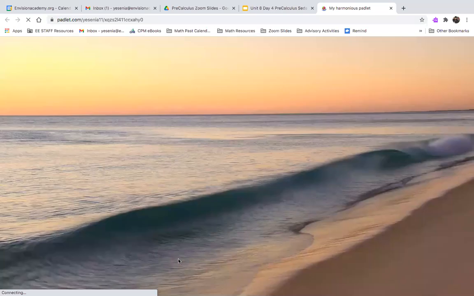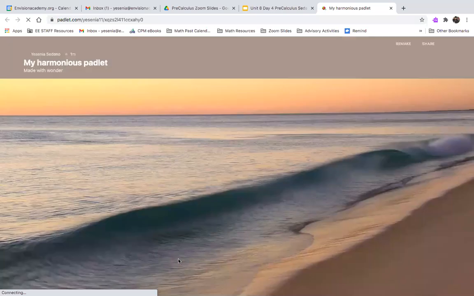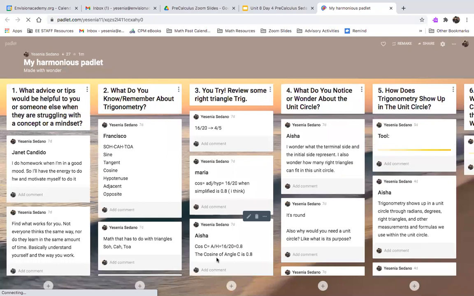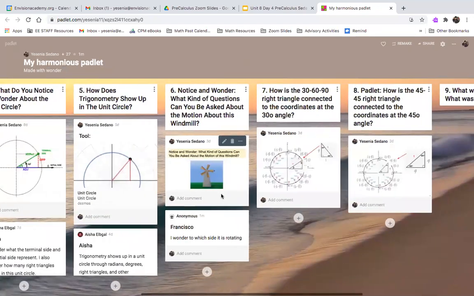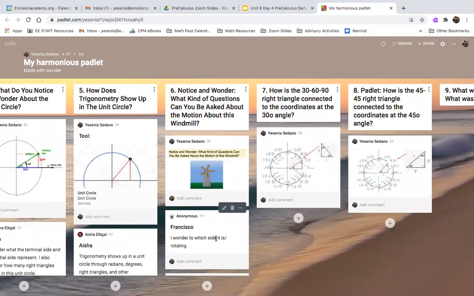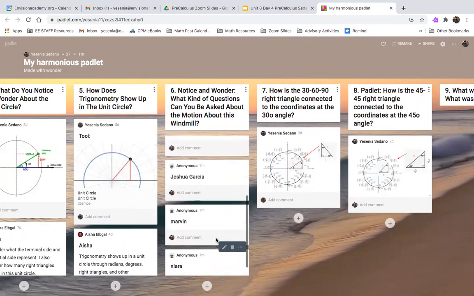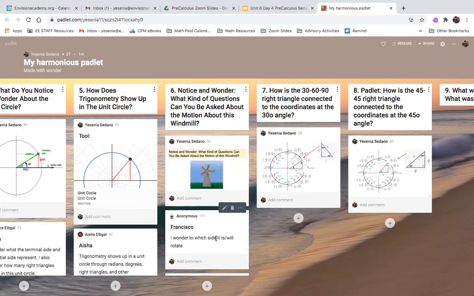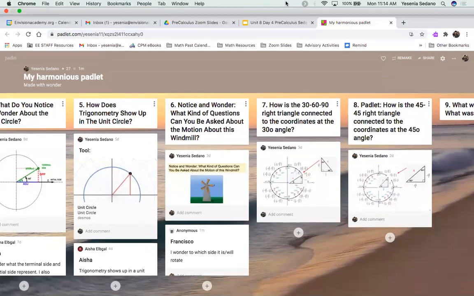Let's take a look at where we left off. We are on column number 6. Notice and wonder. What kind of questions can you be asked about the motion of this windmill? I see a lot of amazing folks already starting to type up. Awesome. Make sure you put your name or initial, and let's start to hypothesize.